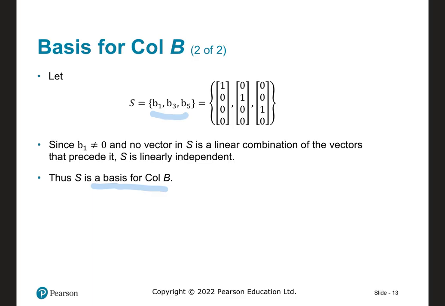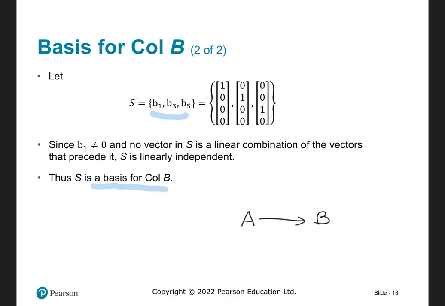The question is, if I have a matrix A, and I perform a sequence of row operations to get this B matrix, usually I am interested in the column space of the A matrix, not the column space of the B matrix.